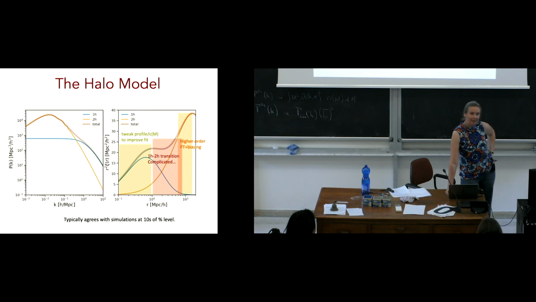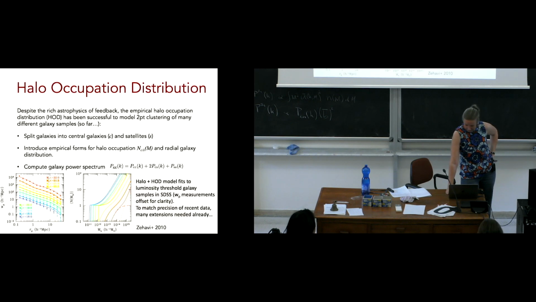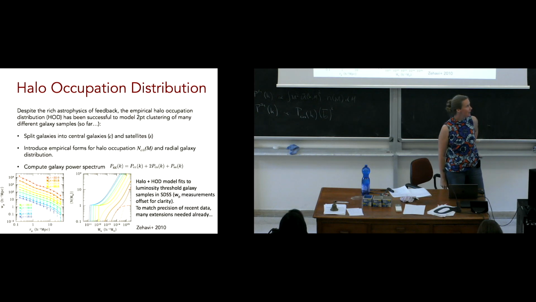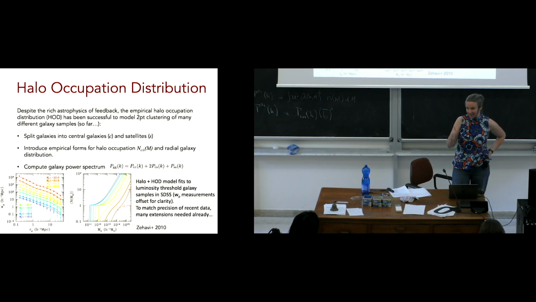Now, as a next step, let's finally put in galaxies, coming back to our topic at hand. And in the context of the halo model, we can do that by, first of all, partitioning our galaxies into central galaxies and satellite galaxies. So basically a halo has to form one central galaxy, and then everything else is called a satellite.